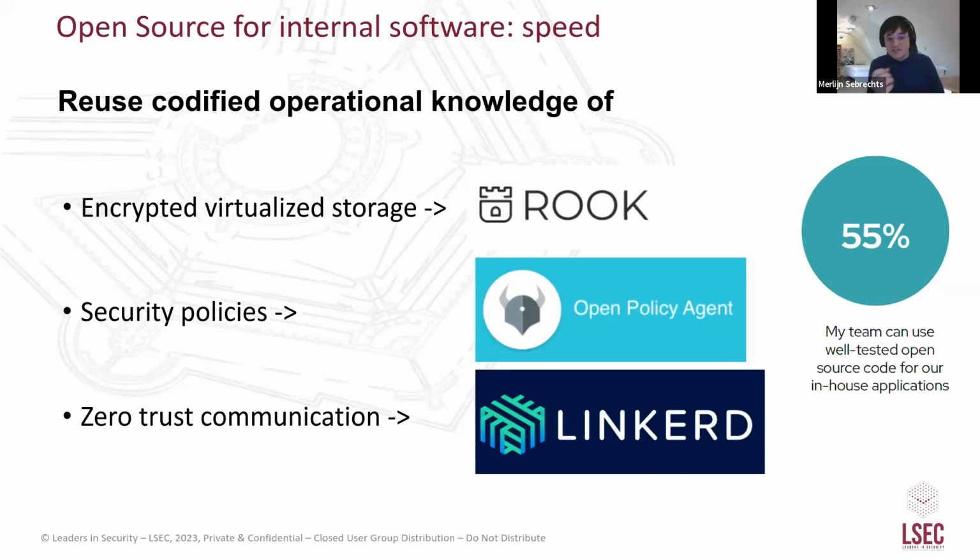Finally, if you want zero trust communication inside of your application, so that if one part of your application is compromised, it's much more difficult to have this infect other parts of your application, you can just use Linkerd. It already has the operational knowledge for how to do this embedded.